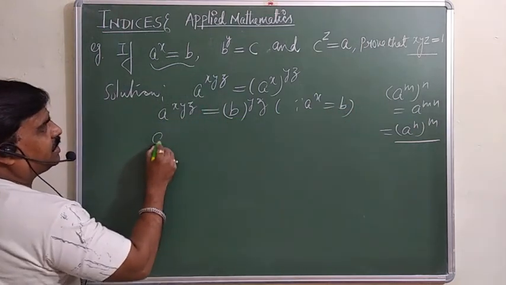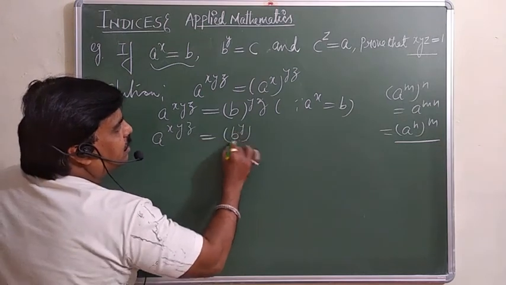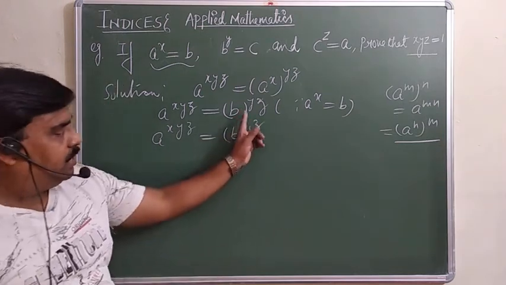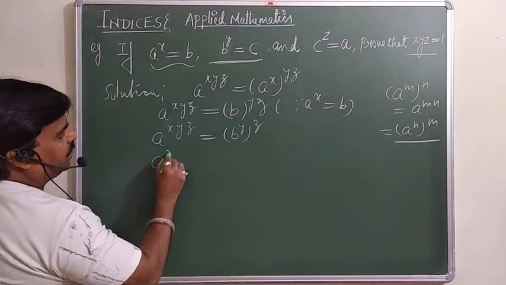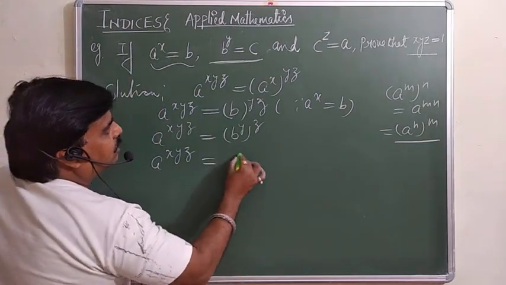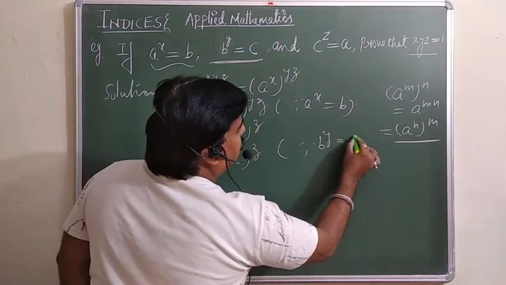Now this can be written as a raised to power xyz. Keep as it is. This is b raised to power y, raised to power z. And b raised to power y is equal to what? c. So this is a raised to power xyz is equal to c whole raised to power z, because b raised to power y is equal to c.